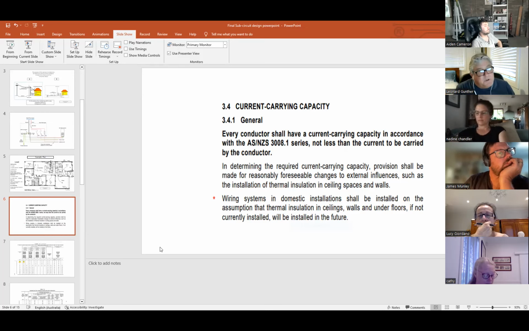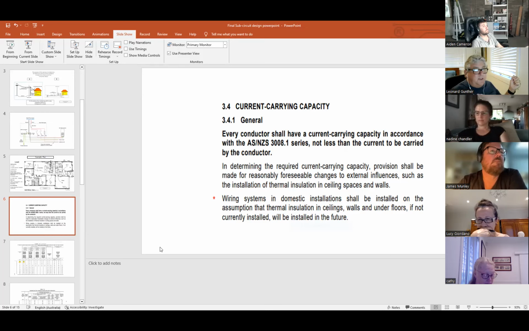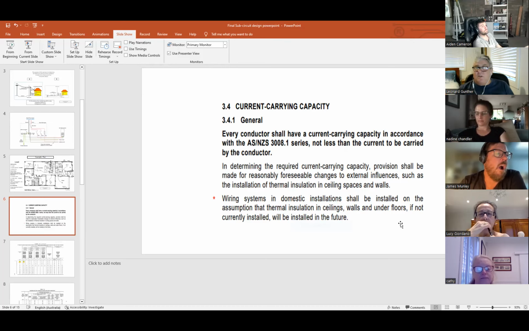Generally, every conductor has a current capacity in accordance with AS 3000 or 3008, and it tells us what size cable we need to run. In layman's terms, in a domestic situation we have to worry about thermal insulation, the pink bats up in the roof.